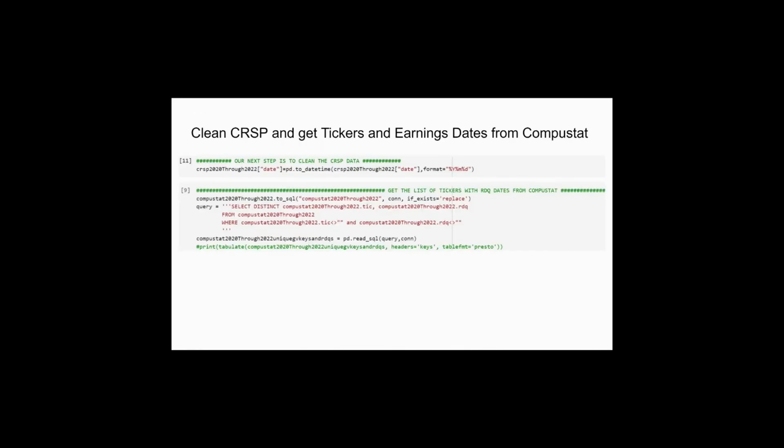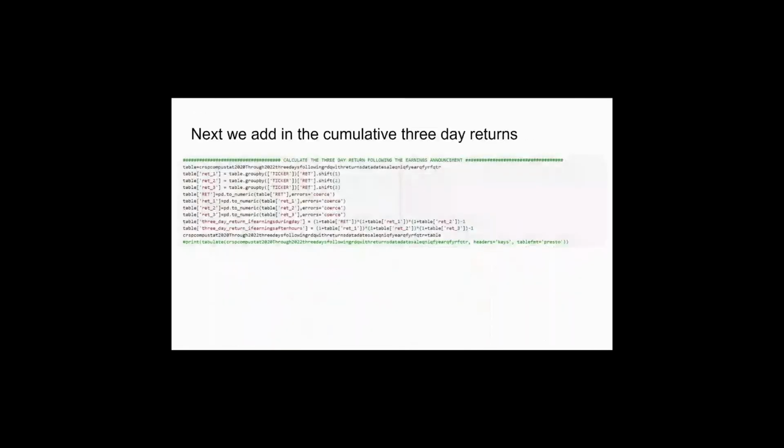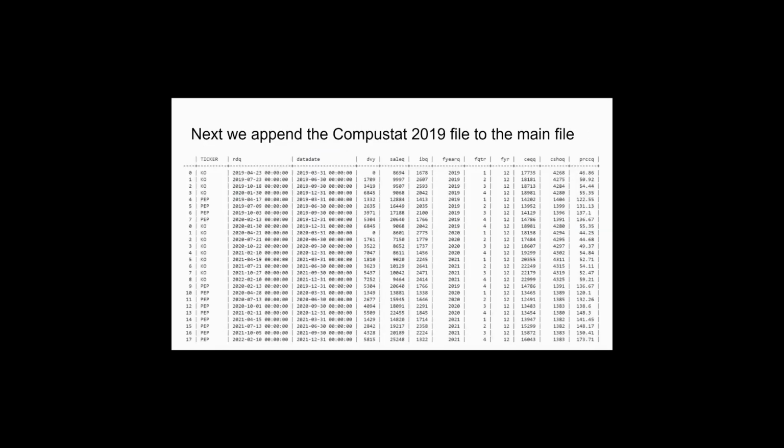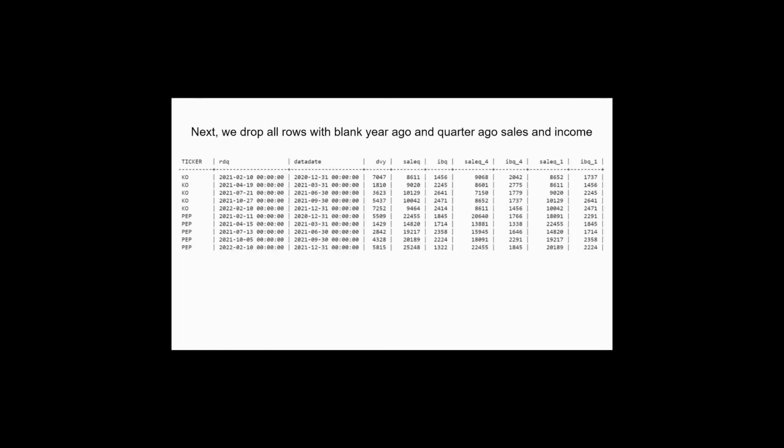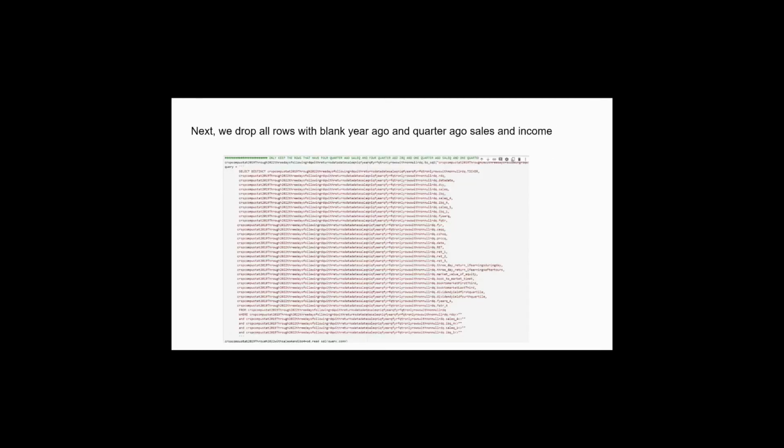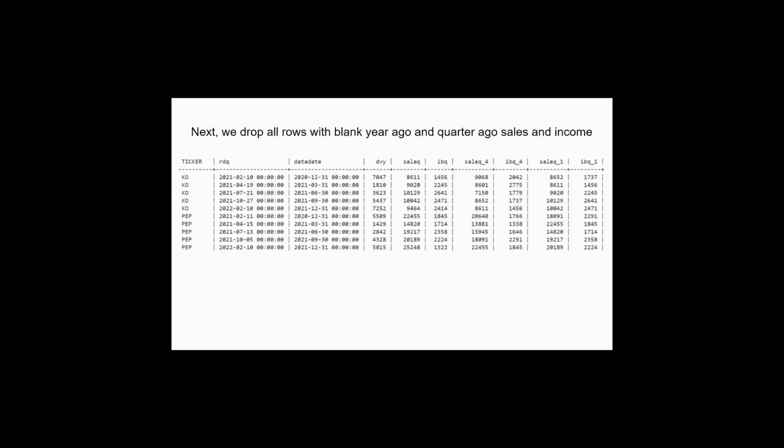And that's why we drop rows if they are blank. Let's go back to where we were. So if the 4 quarters ago or 1 quarter ago data is blank, then we drop it. And so that leaves us with this, where we have a 4 quarter ago number and a 1 quarter ago number for every sales and every income. Boom. Okay.